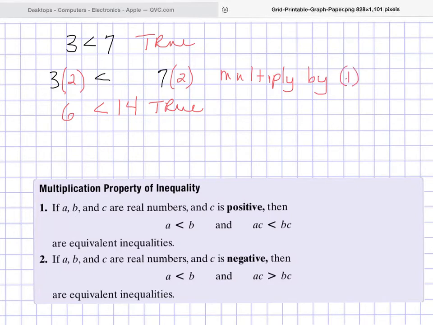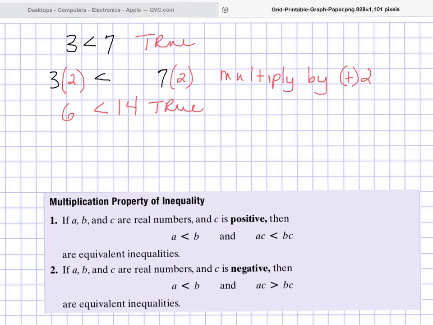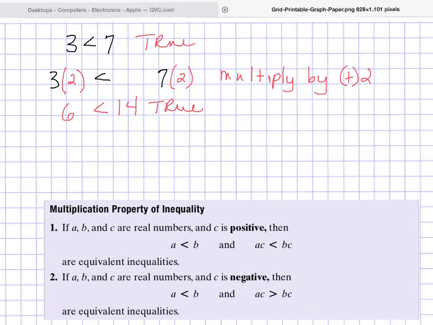Positive 2. What happens though if we take the same 3 and multiply 3 times, say, a -2.